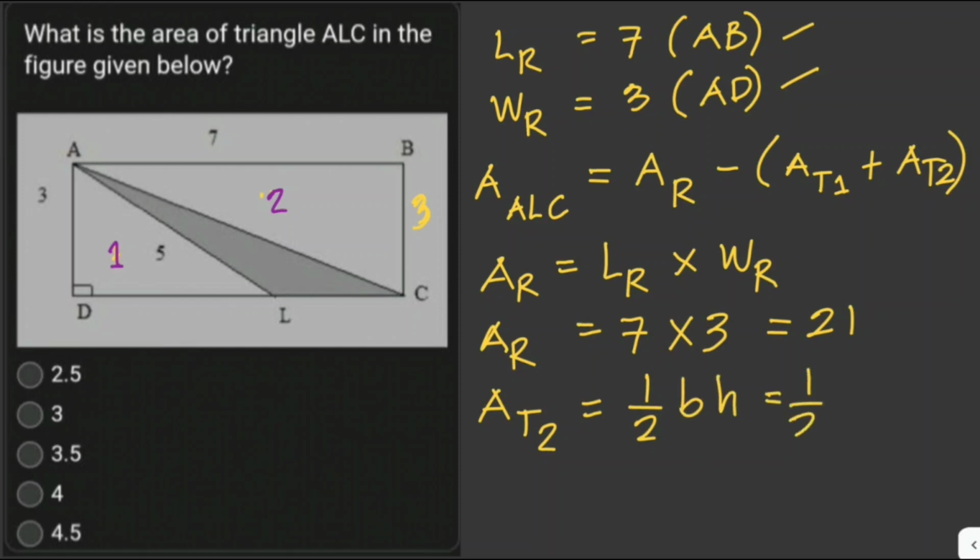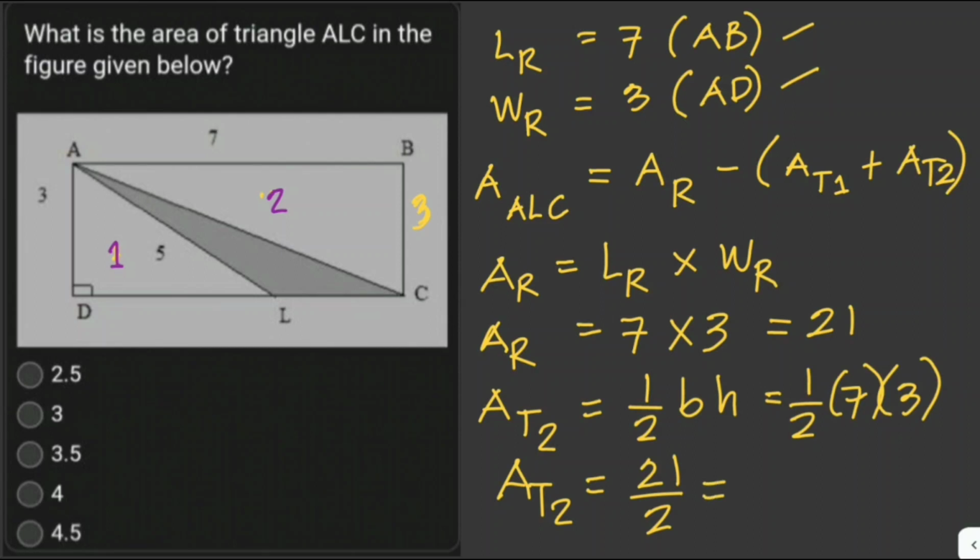So that is 1/2. The base is 7 times height, which is 3. So area of triangle 2 is just equal to 21/2, or 10.5. So we now have the area of the rectangle and the area of triangle 2.